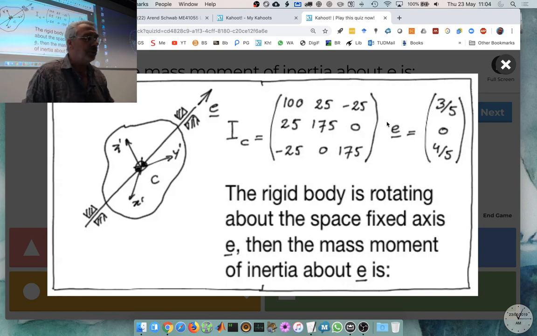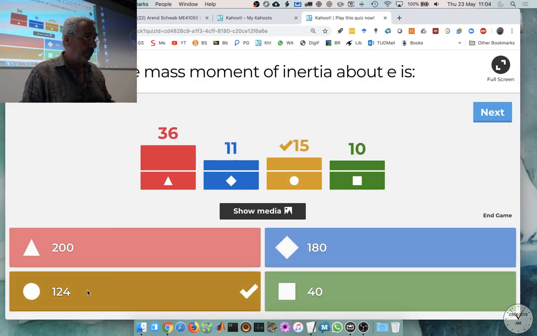Or in physical terms, if this inertia matrix is multiplied by this unit vector, you get a torque in space. But for that torque, we want a projection on this axis. So we have to pre-multiply with the transpose of this, and then we project all the torque which we calculate on this axis. Or in other words, to project the mass moment of inertia, you have to post-multiply and pre-multiply with the transpose, and this is a unit vector, of course. If you do that, then the correct number turns out to be 124. Well, that's how it is.